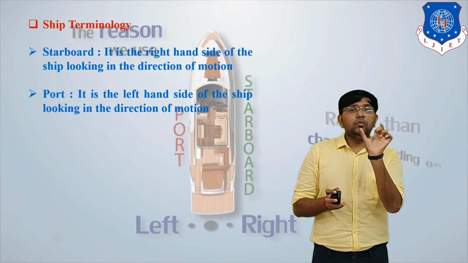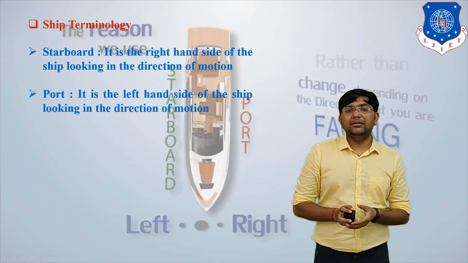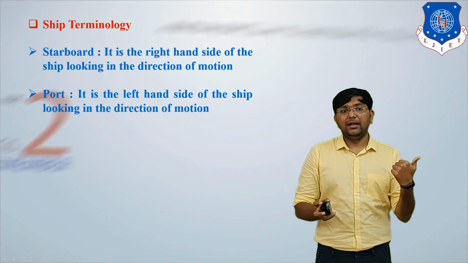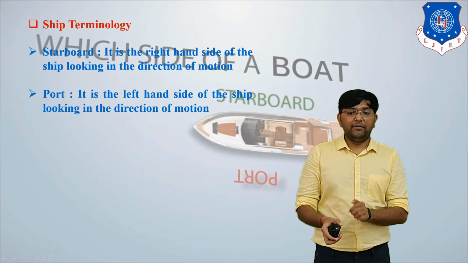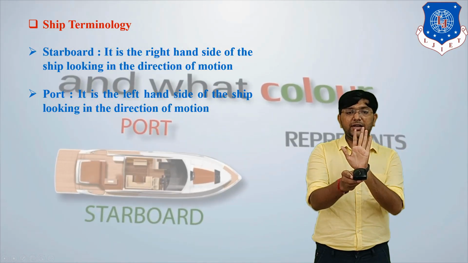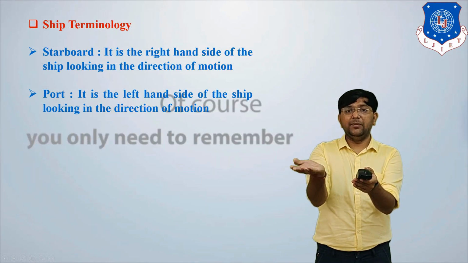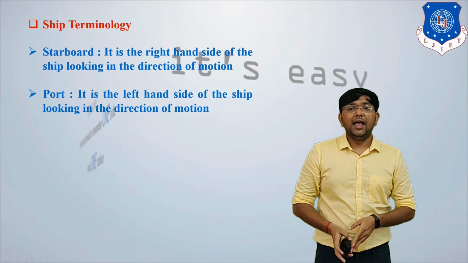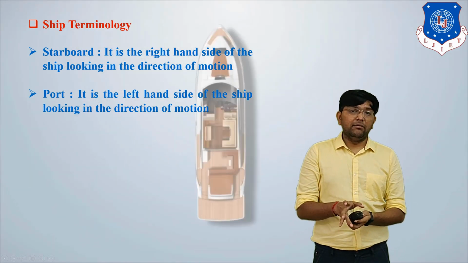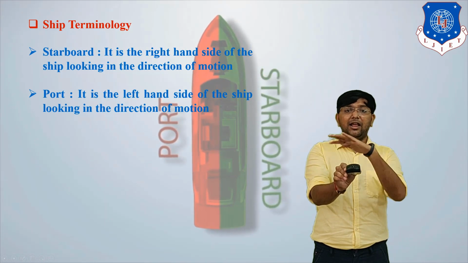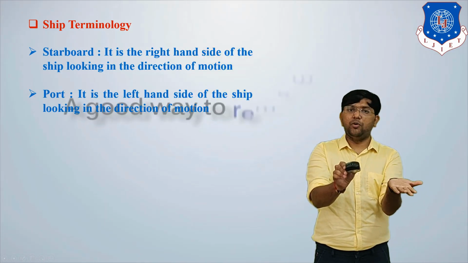Now two more terms you have to remember: starboard side and port side. What is the starboard side? Whenever you observe the ship from the rear side, the right hand side of the ship indicates the starboard side. And what is the port side? Whenever you visualize the ship from the rear side, the left hand side portion indicates the port side.